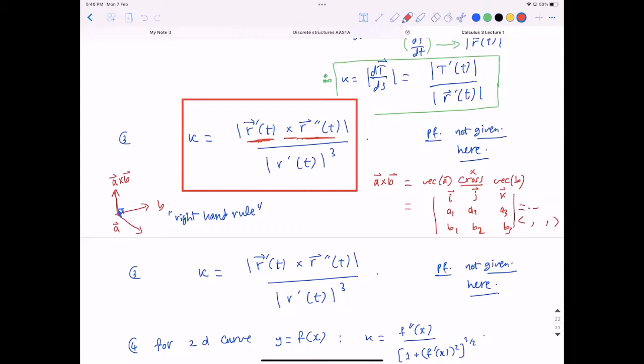Then cube this and simplify each step. Divide the result you have here and here. This is a formula for calculating the curvature of a given vector. It is the easiest formula for a space curve.